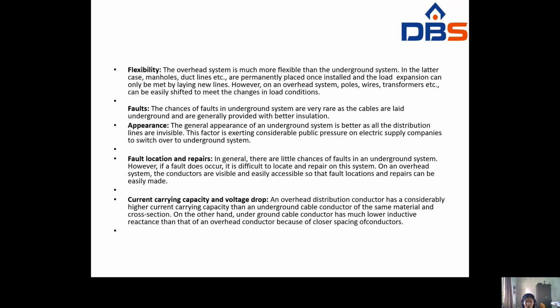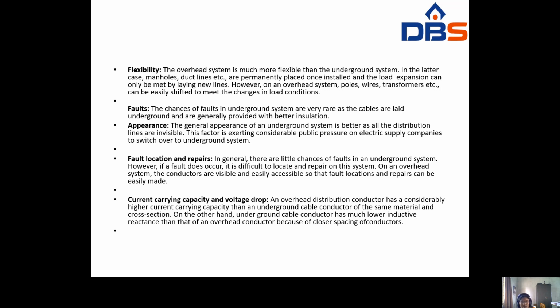However, in an overhead system, poles, wires, transformers, etc. can easily be shifted to meet the changing load conditions. So the overhead system is much more flexible than the underground system. Similarly, in the underground system, manholes, duct lines, etc. are permanently placed once installed. If you have to expand the load in future, at that time you have to newly lay another line.